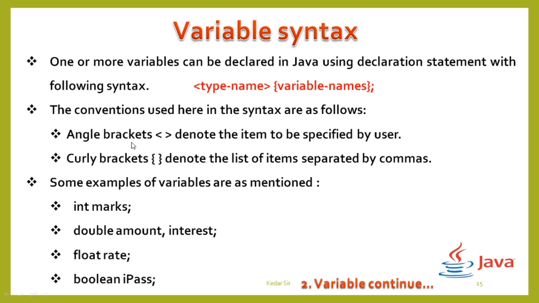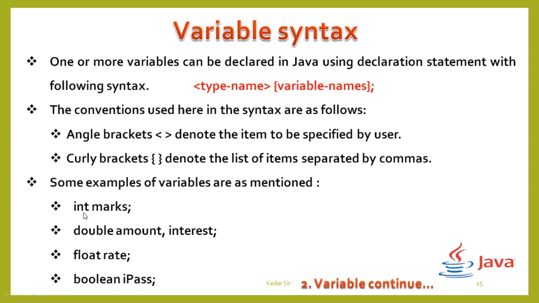First of all, angle brackets denote the items to be specified by the user, and curly brackets denote the list of items separated by the comma sign, right? So if you want to add more than one variable in a single data type, then use the comma sign. Some examples here: integer space max semicolon, right?